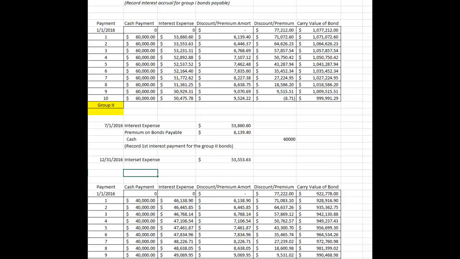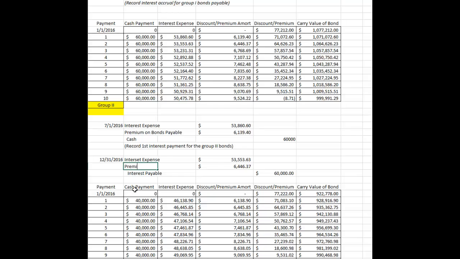But I'm not going to pay that much in cash. Actually, I'm promising I'm going to pay him $60,000. If I don't put this on my balance sheet as a payable, my liabilities are understated, and that's not a good thing. So we're going to have to put in interest payable. The contract says I'll pay you 60 grand. We've got this difference. What do we do with the difference? Well, what did we do with it before? It simply goes to reducing the premium, and that's the amount carried from this portion of the table, 64.46.